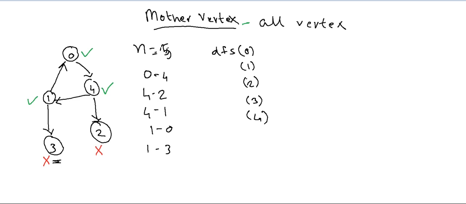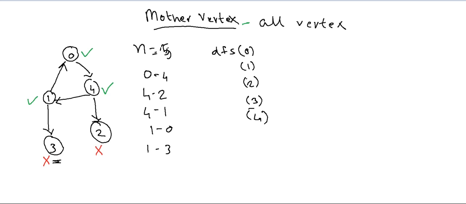Let's say we are starting the DFS from vertex 3, for example. 3 is of course not the mother vertex. When we start the DFS from vertex 3, we will mark 3 as visited, and there are no more edges we can visit from 3. So our DFS will return.